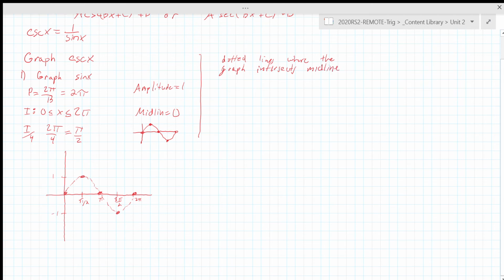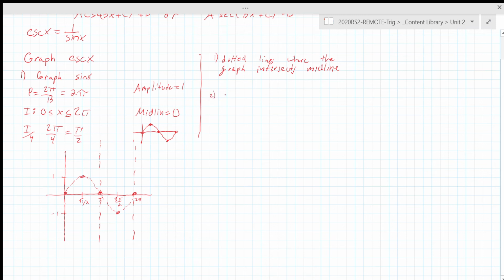So wherever sine intersects the midline, and the midline's just that x-axis, we're going to make dotted lines up and down. And these are called asymptotes. And there's one also on 0, but that's just the y-axis. So that's the first step to graphing cosecant after you've graphed sine.